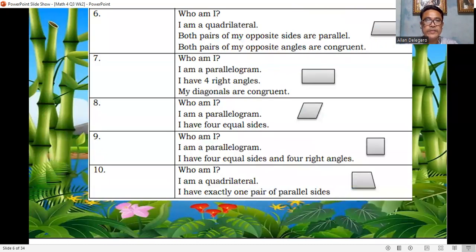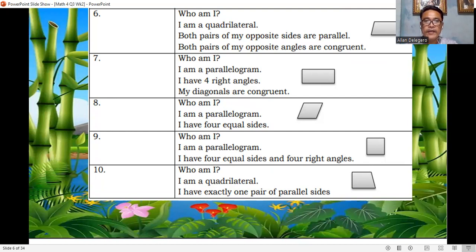Let's continue. Number 6. Who am I? I am a quadrilateral. Both pairs of my opposite sides are parallel. Both pairs of my opposite angles are congruent. Number 7. Who am I? I am a parallelogram. I have 4 right angles. My diagonals are congruent.